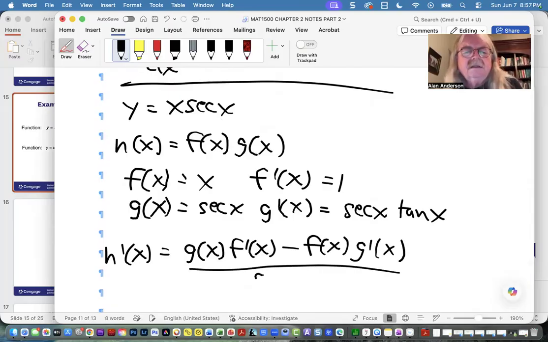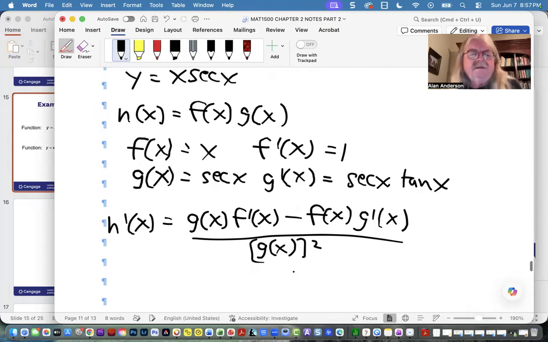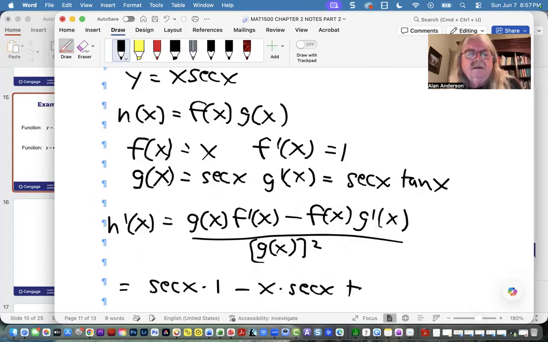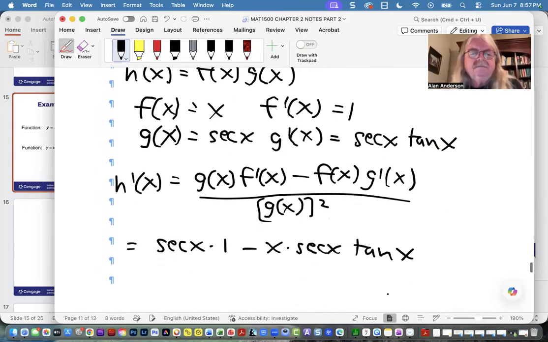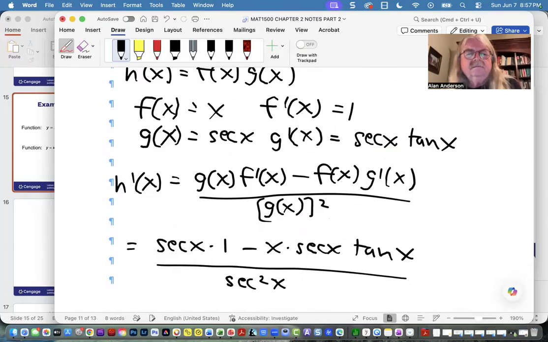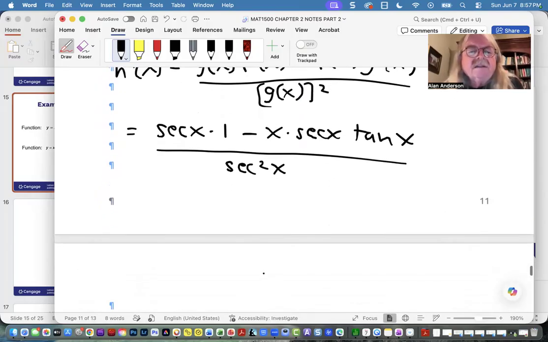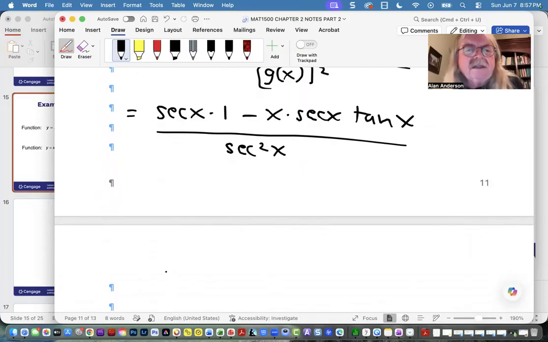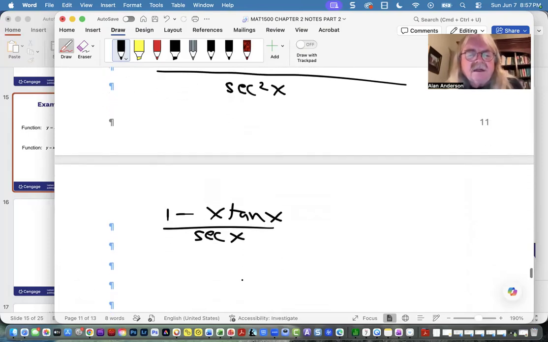All right, and let's see what happens. Now, here we can simplify it a little because every term contains a secant. And I believe that's as far as we can go.